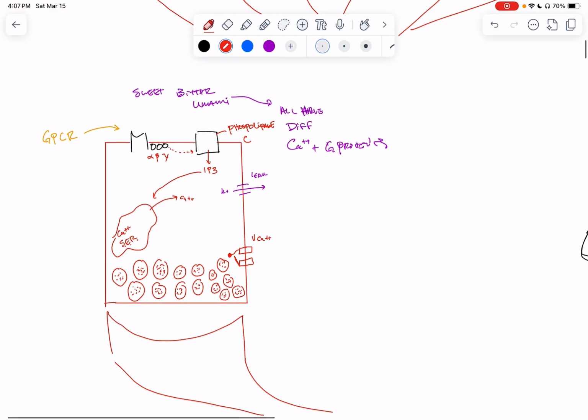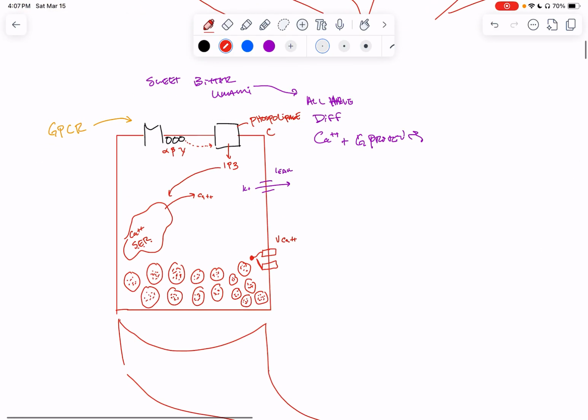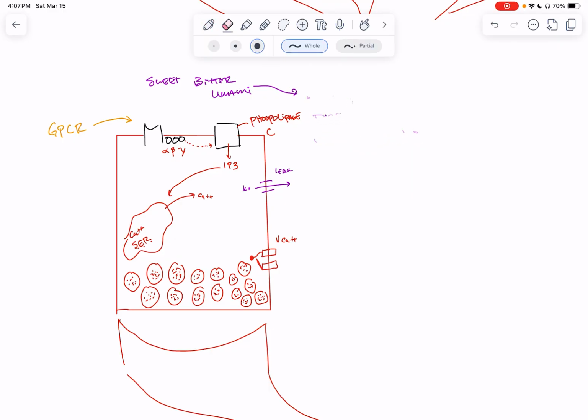Now, sweet, bitter, and umami all are different. So, as I wrote here, each of these different flavor profiles have different G proteins that respond to the presence of these different flavors.